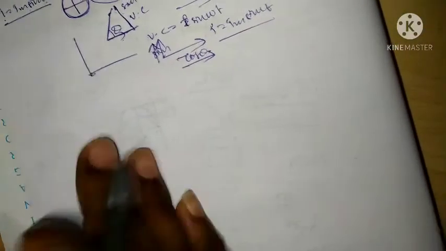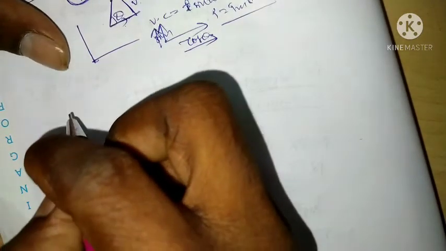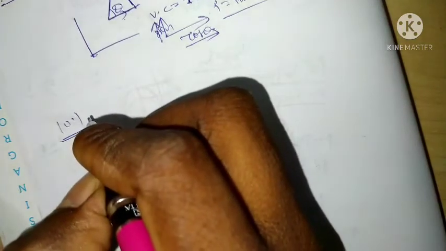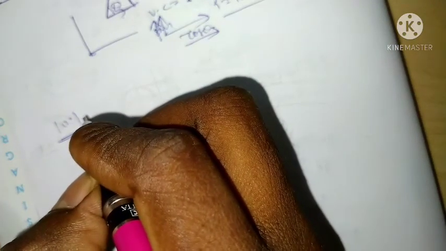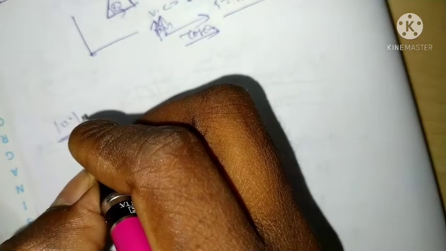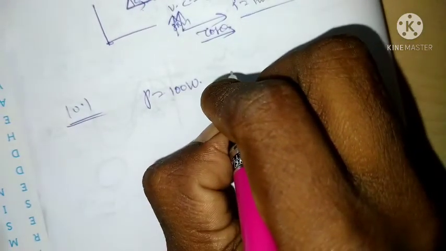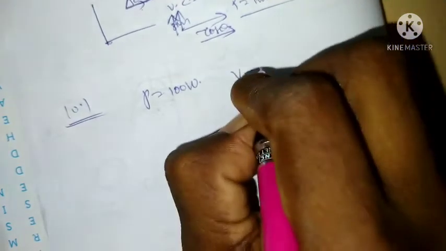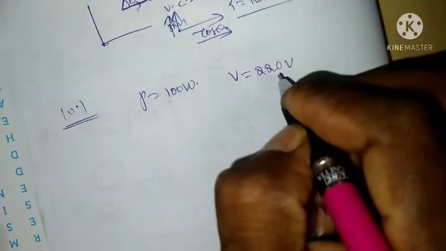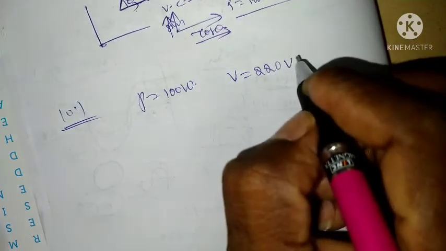Okay, let's solve one problem, that is 10.1, on page number 376. A light bulb is rated at power 100 watts for 220 volts, that is V equal to 220 volts for the source.